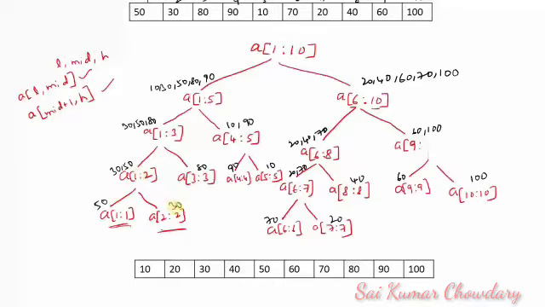If I make it into order, it becomes 30 and 50. See, instead of sorting the whole array, I have divided it into smaller parts, taking only these two elements and sorting them. Now here only one element.